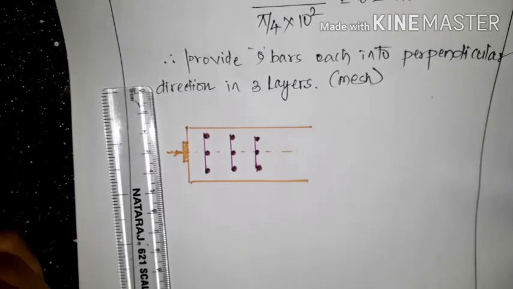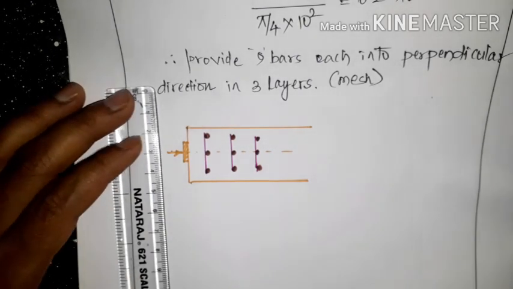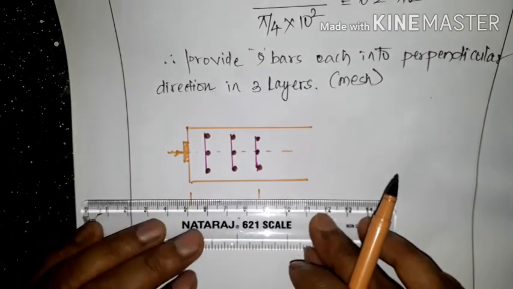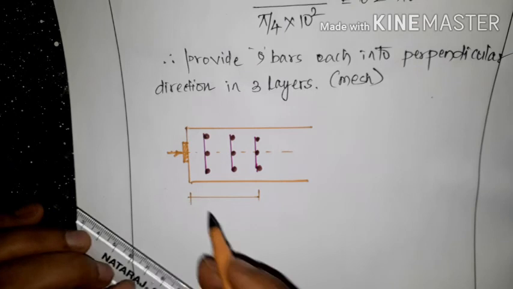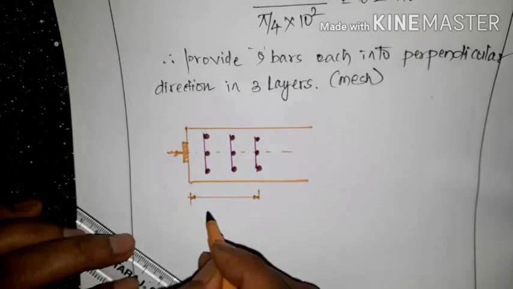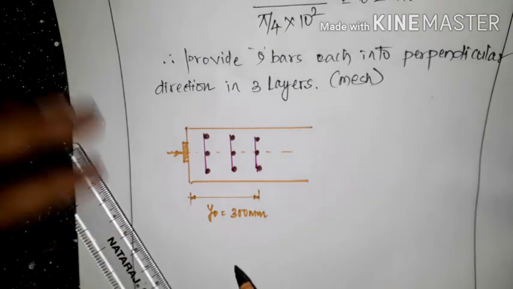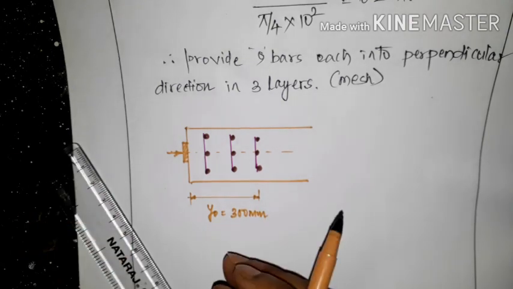So it's an elevation. And this we have to provide up to what distance? We have to provide this reinforcement to a distance of y0, that is 300 mm. Understood?